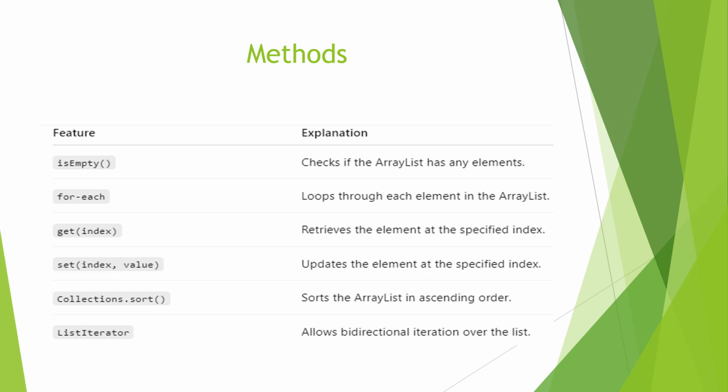Then the get method retrieves. The set method, as I have already told you, is used to update the element at a specified index. Collections.sort is used to sort the array list in ascending order, and listIterator allows bidirectional iteration over the list.